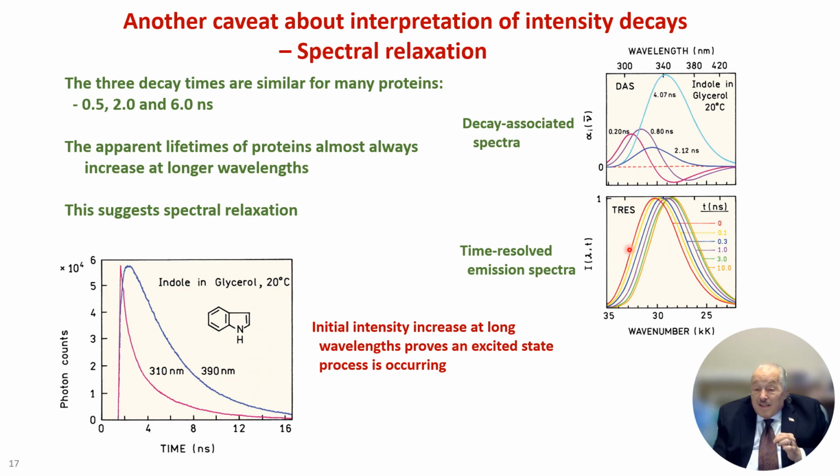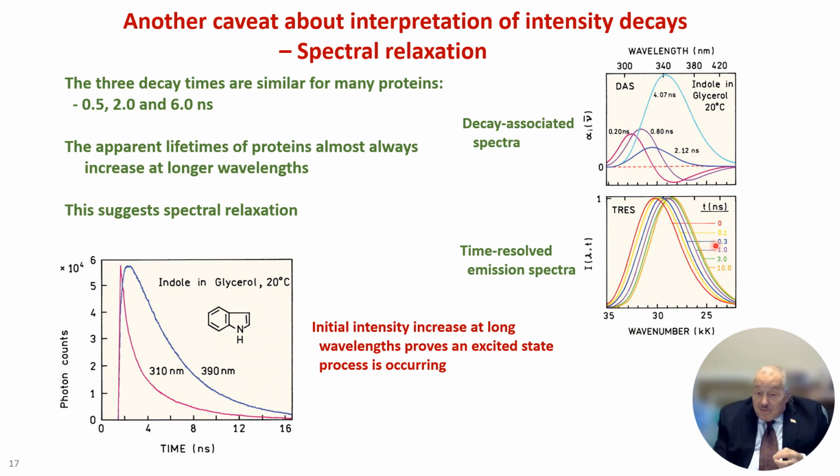On the short wavelength side, you see there's an initial increase and then a decrease. It has a negative pre-exponential. You go to about a nanosecond, same thing, positive and then a negative pre-exponential, which we said is a hallmark of an excited state reaction.